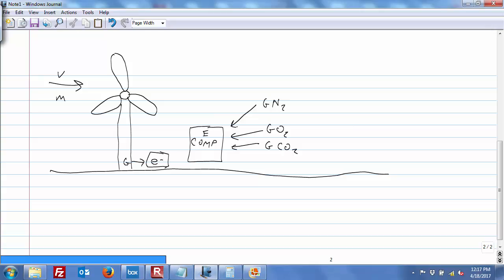If you compress it enough, now you've got liquid nitrogen, which can become a commodity, so liquid N2, liquid O2, and then the next step, and this is where we'd really like to take it, is liquid CO2.